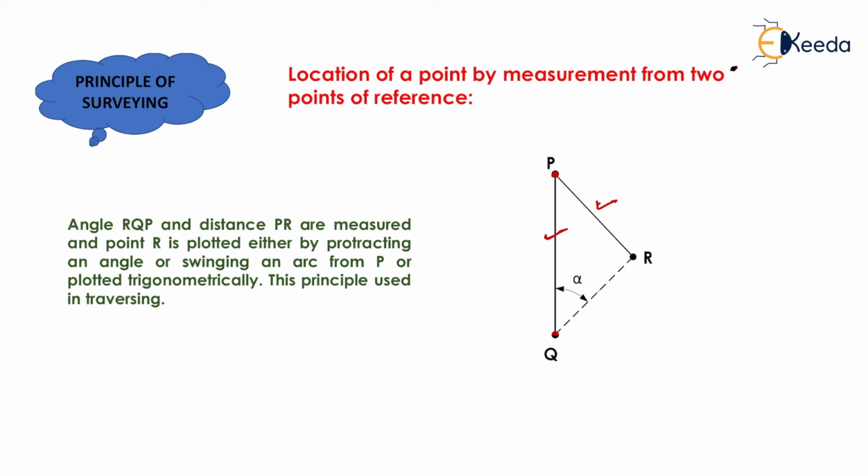And suppose that from Q we cannot measure the distance QR because of some obstruction, but we can easily measure the angle alpha. So we will measure the angle alpha and plot a line from Q at an angle of alpha degrees. Now when this line intersects the line PR, we will get our third station, that is station R, and this principle is also used in traversing.